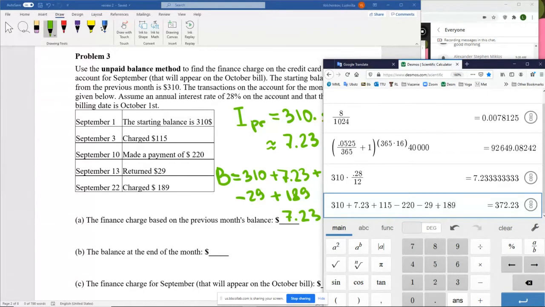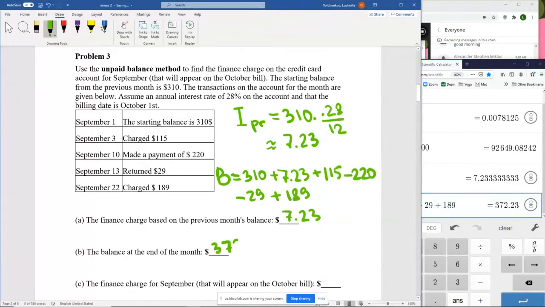Okay, the balance is 372.23. And the last thing, the second finance charge that we must find. So this is the finance charge based on September adjustment, but it will appear on the October bill.